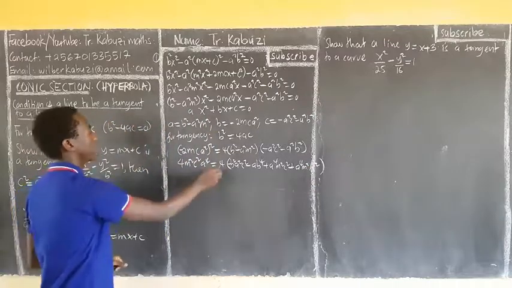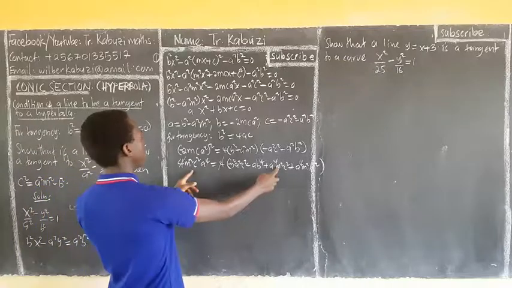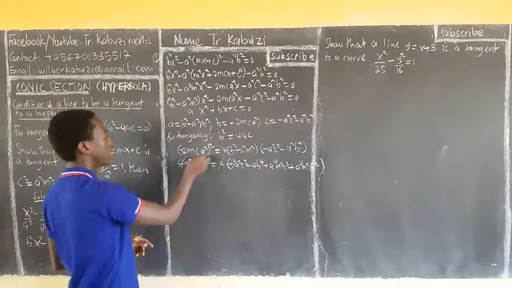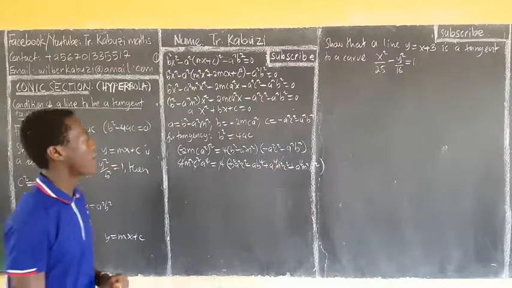From there, the a power 4 is cancelling, and you see that the whole of this is going to cancel with this. The whole of this is cancelling with that. What am I remaining with?